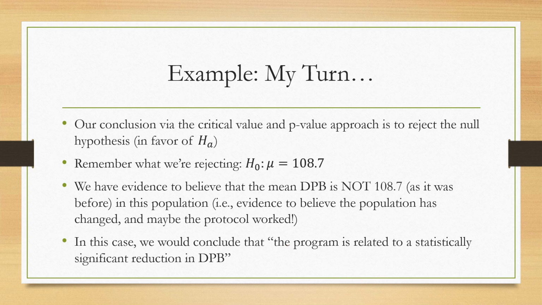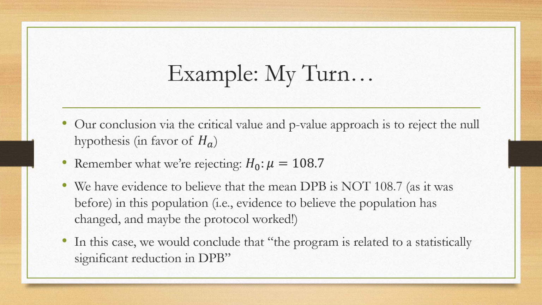I'll note a couple of things about this conclusion. First, we use related to instead of causes to avoid making a causal claim. Remember, causal claims are associated with the study design, and because we don't know the study design, we don't want to assume it. This particular study design is very unlikely to have been experimental in nature. Again, the reduction comes from the comparison of the sample mean to that original hypothesis.